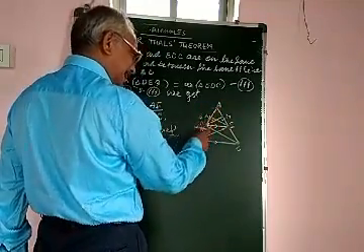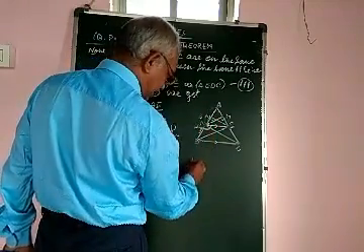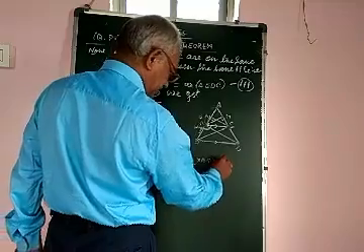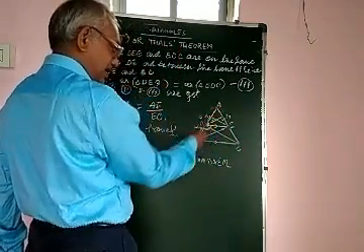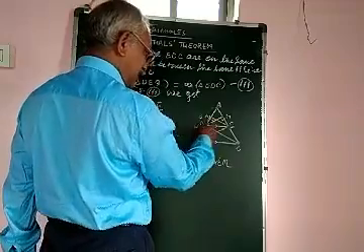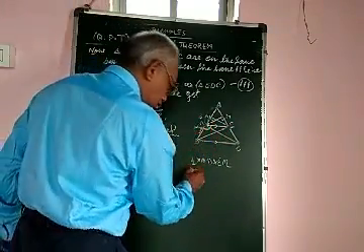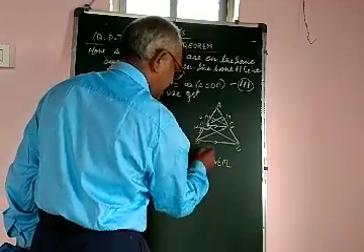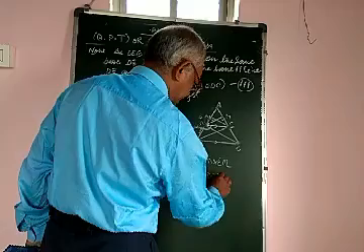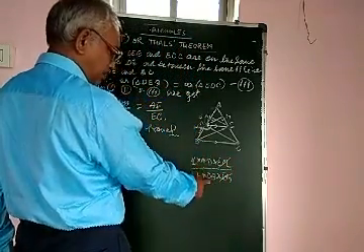Therefore, area of triangle ADE is equal to 1 by 2 into AD into EM. And area of triangle DEB is equal to 1 by 2 into DB into EM. Dividing, this and this cancel. So AD upon DB.